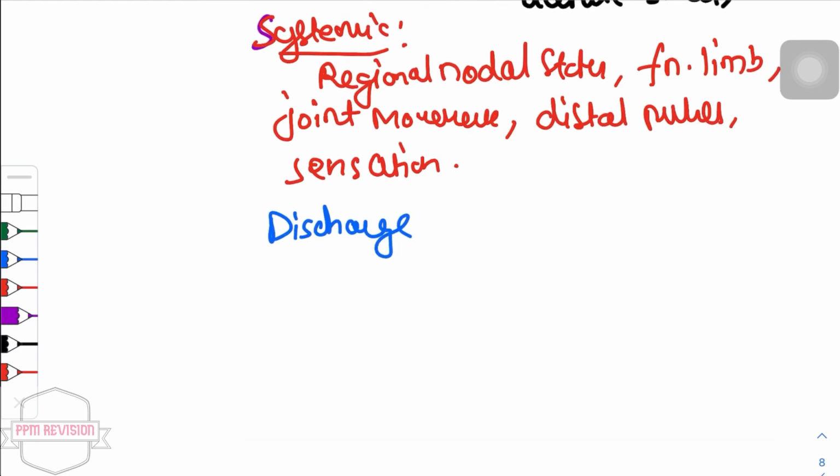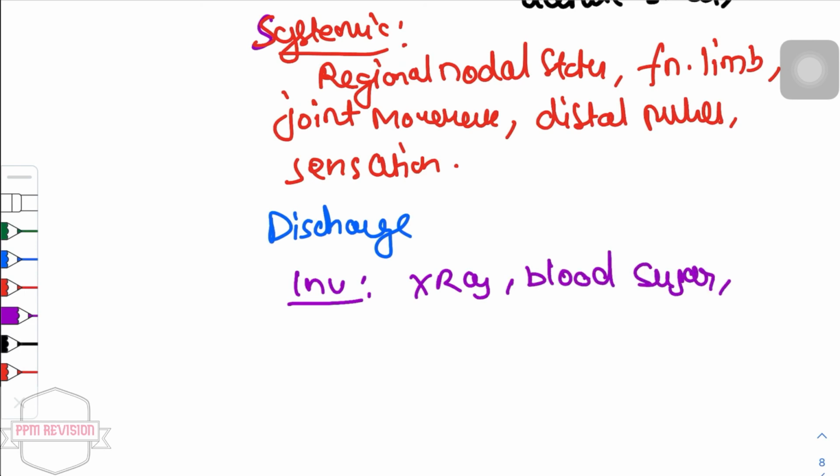As mentioned earlier, the investigations include X-ray, blood sugar, AV Doppler, and angiogram can also be done.